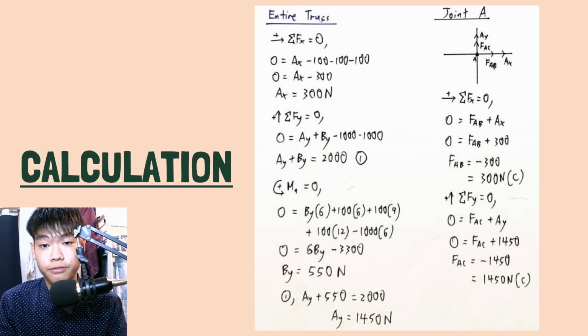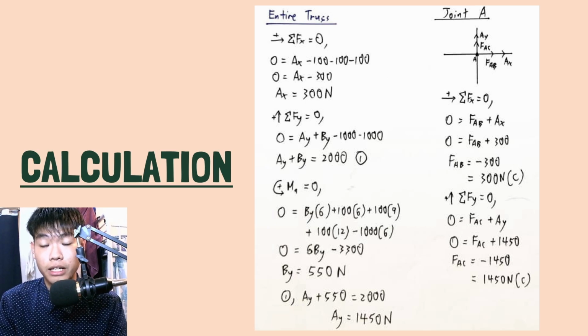Using the forces in the Y component equal to 0, we find that AY plus BY equals 2000. By finding the total moment about joint A equal to 0, we found that BY is equal to 550 Newton. By substituting the value into the first equation, we find that AY is equal to 1450 Newton.